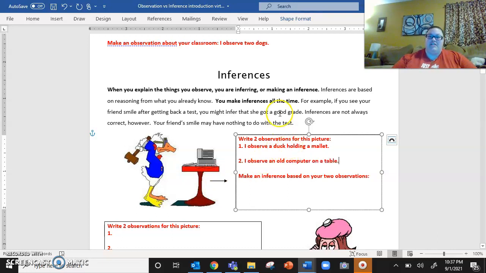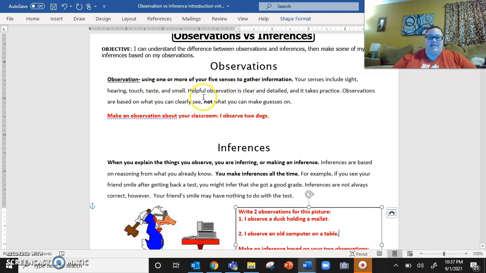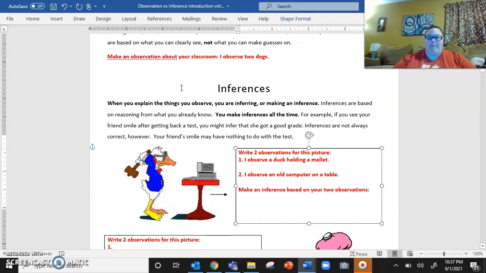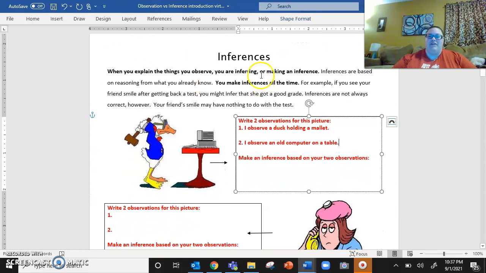So observations, like the definition says, are information that you can gather using your senses. So what you see, what you hear, what you touch, what you taste, and what you smell. On the other hand, an inference is how you explain what you have observed.